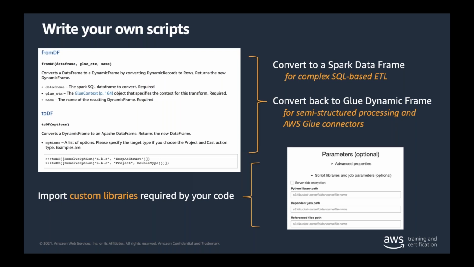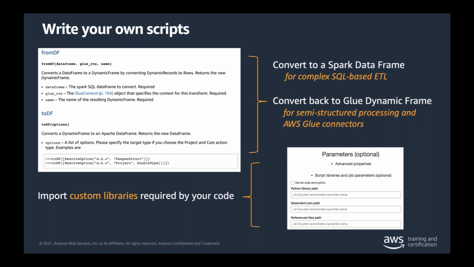So it is imperative for them to know that they can actually convert between Glue dynamic frames to Spark data frames and vice versa. Basically, when you're writing your code, you have two class functions that enable you to make that kind of switch. So you have the fromDF, which converts an Apache Spark data frame to the Glue dynamic frame. And you also have the toDF that converts the Glue dynamic frame back to the Spark data frame.